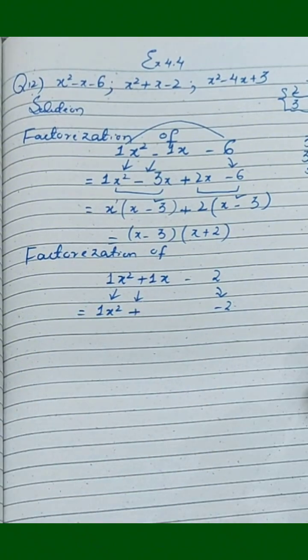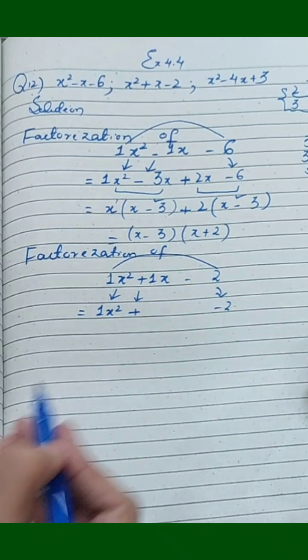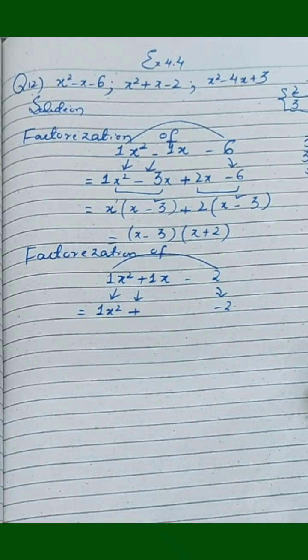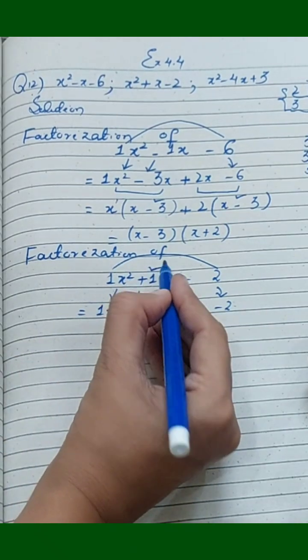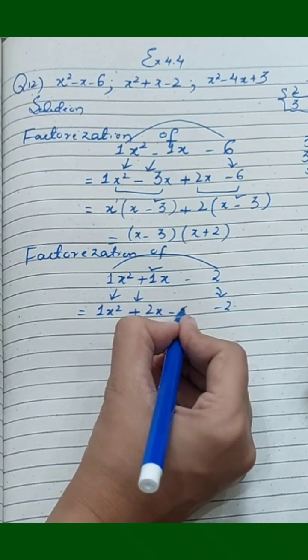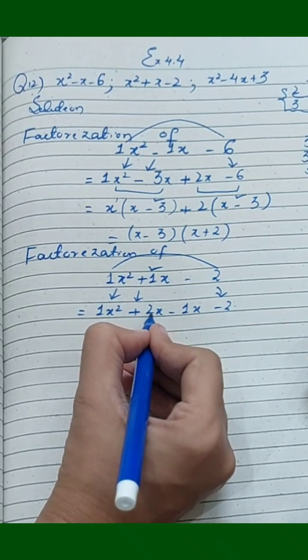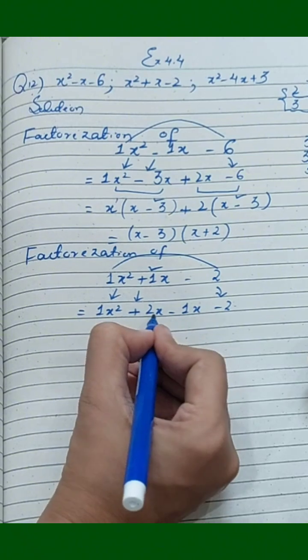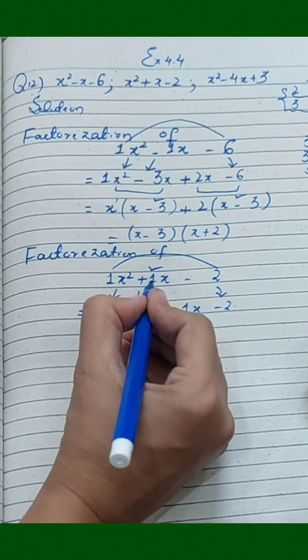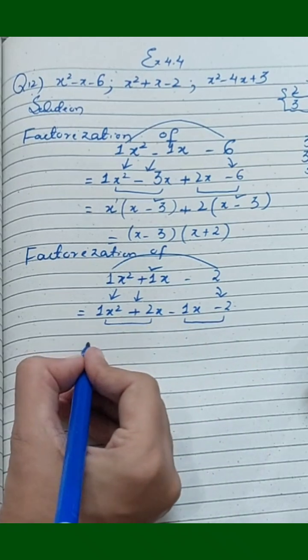You can see when we multiply 1 with 2, it will be 2. So we need such a number. When we multiply, it will be 2, and when we add or subtract, it will be 1. So you can take 2x minus 1x, because 2 ones are 2, and when you subtract 2 and 1, it will be plus 1. In the next step, you can take pair.